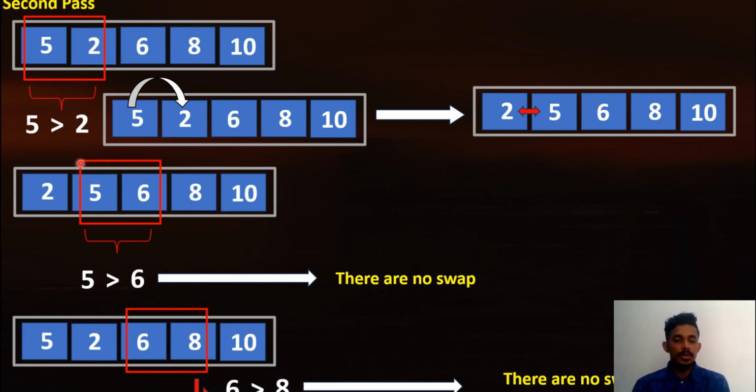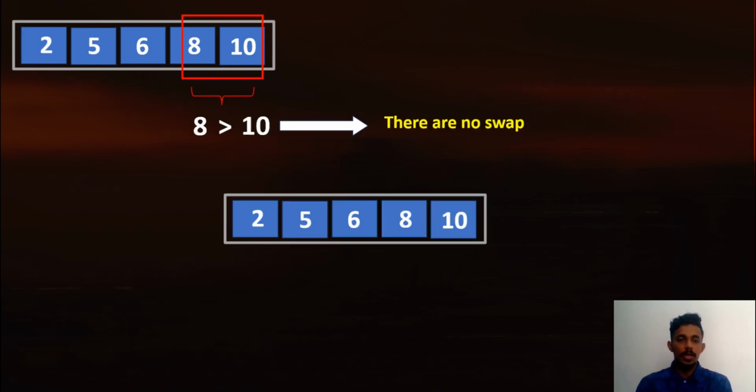Then we take the second and third values. 5 is not greater than 6 because 5 is less than 6, so there is no swap. Again we compare 6 and 8. 6 is less than 8, so there is also no swap. Finally in the second pass we compare the fourth and fifth elements, and there also is no swap. At the end of the second pass the array shows 2, 5, 6, 8, 10.